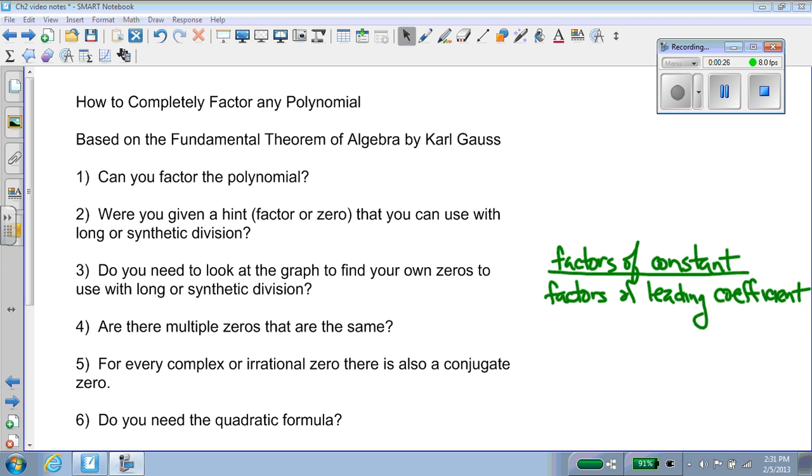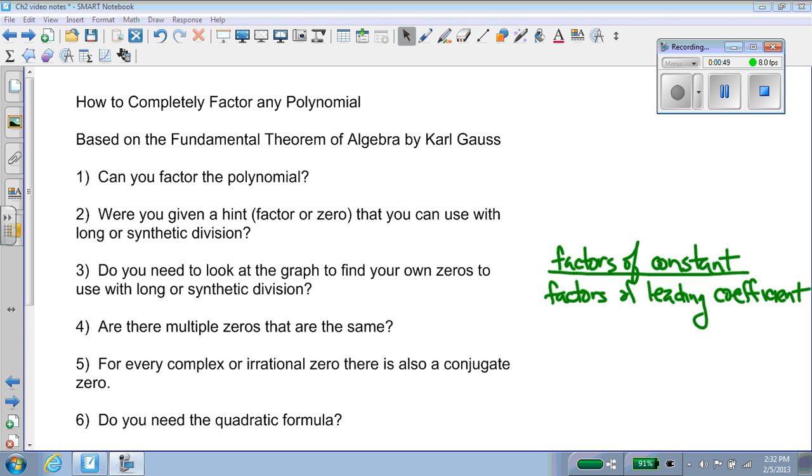a polynomial with rational coefficients, then the degree of the polynomial, in other words, the highest power, is the number of factors that that polynomial has. So for example, if we're looking at a third degree polynomial, it should have 3 factors, 3 zeros.